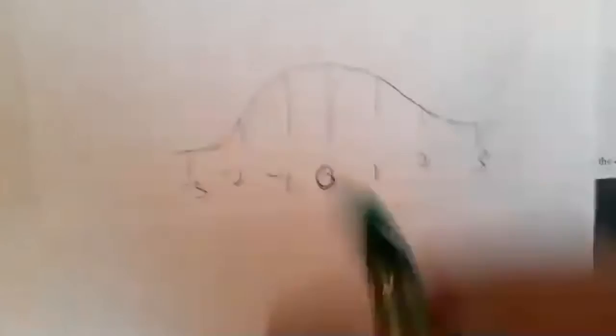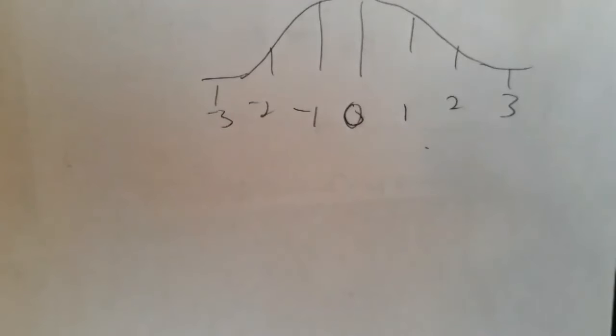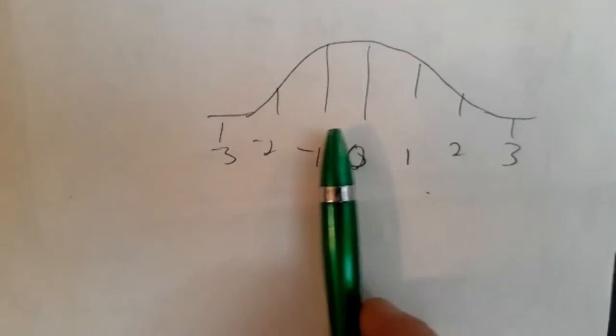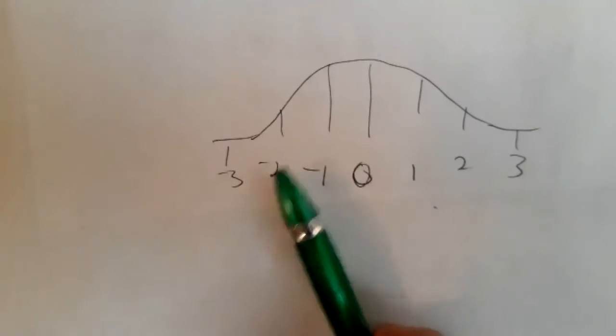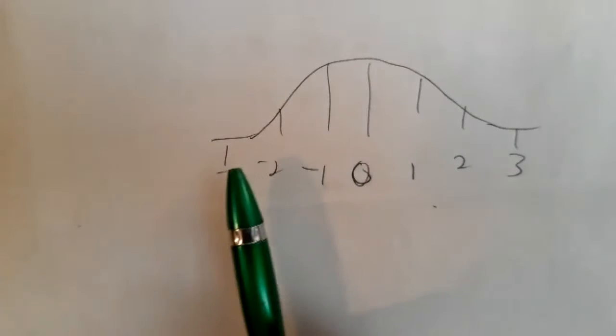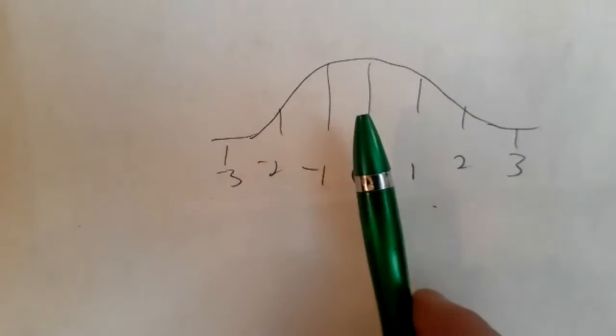Sorry, I drew this horribly not symmetric, but pretend it's normal. That's the way our standard normal looks, right? It's centered at 0. If they give you a percentile and we know it's less than 50%, because this side accounts for 50%, the z-score has got to be negative, right?